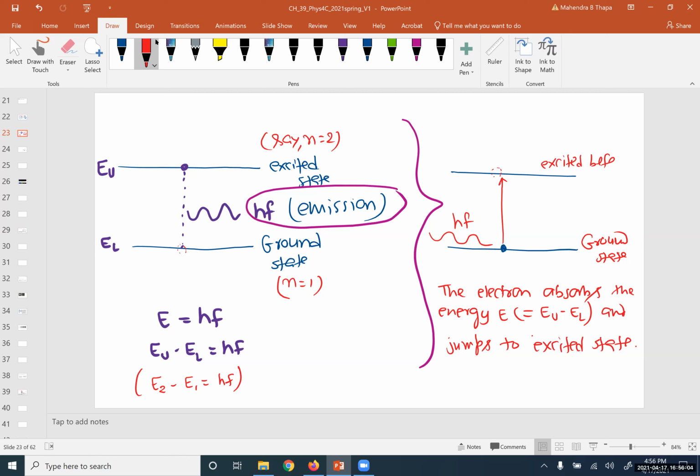Okay, here just in this case it emits energy hf, which equals E_U minus E_L, and jumps to a lower energy level, or in this case the ground energy level. Okay, ground state. So this is a case of emission, and this is a case of absorption.